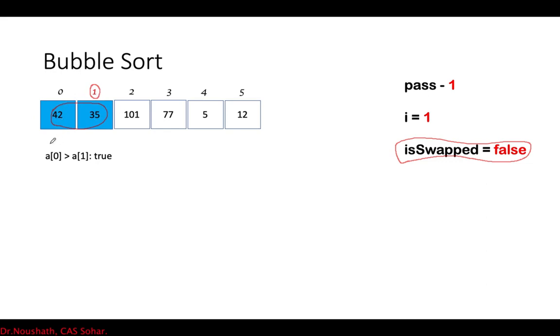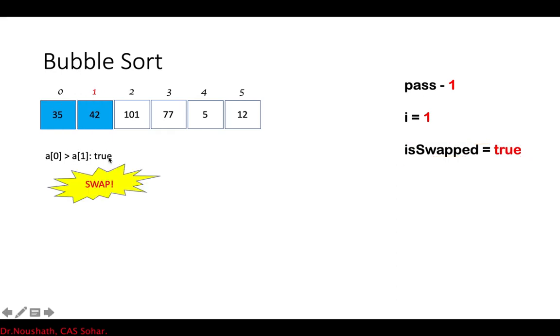If the first element is greater than the second element, I will keep on checking this condition. If that is true, I'm going to perform a swap operation. Please note that once I perform the swap operation, this variable has been changed to true. Now this will remain true until you reach the end of this pass.